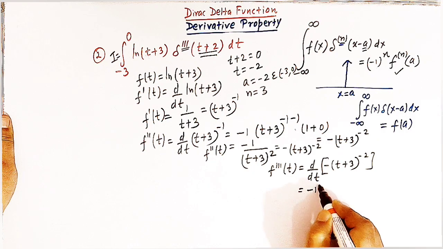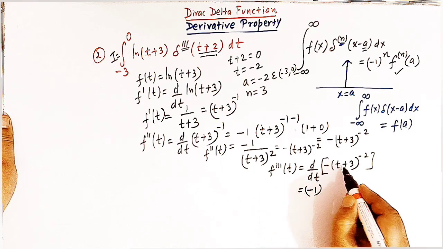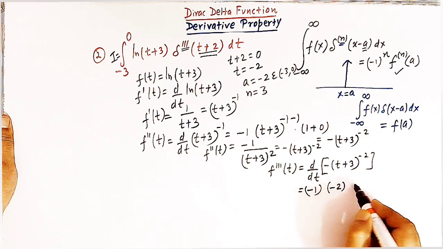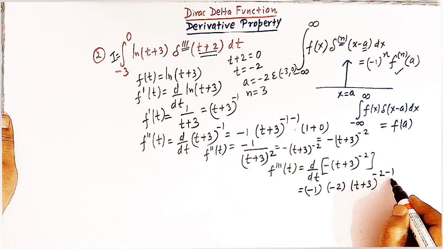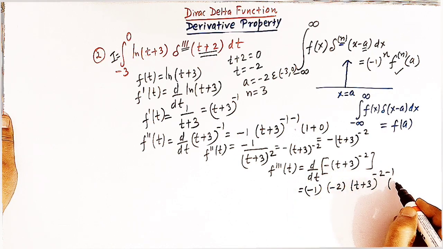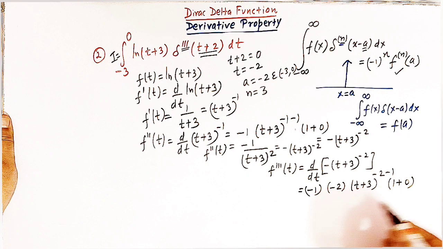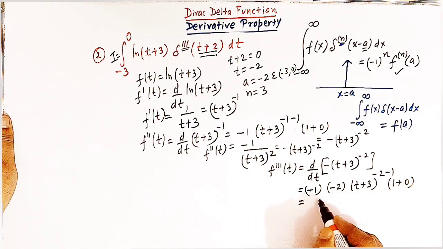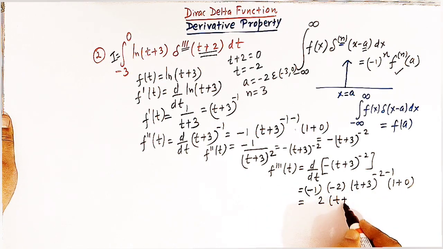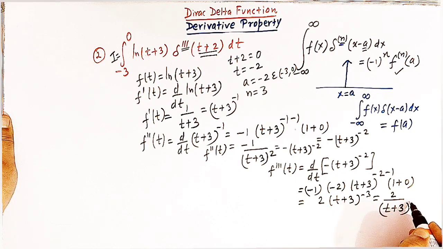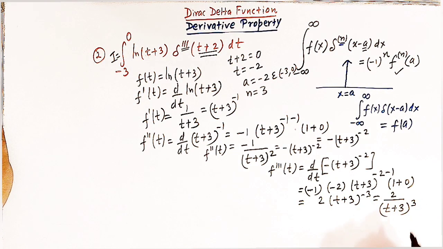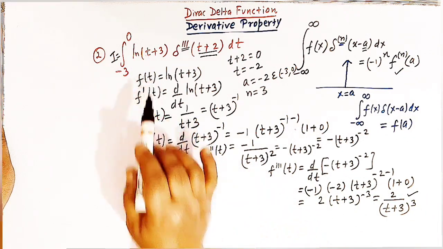Here we have minus 1, this is minus 1, then we have minus 2 times (t plus 3) raised to minus 2 minus 1, and by chain rule the derivative of t plus 3 is 1 plus 0. So this is minus minus plus. So we have 2 times (t plus 3) raised to minus 3. So this is 2 over (t plus 3) raised to 3, right? So this is the third derivative of f of t, right?